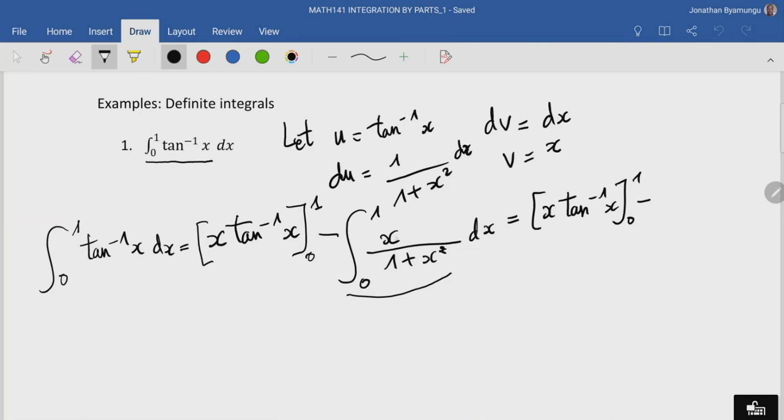As you can see, the numerator is 1 degree lower than the denominator. So there's a way in which the numerator is a form of the derivative of the denominator. And in that case, this integral should be equal to ln of the denominator, right, but now divided by the 2 because we have an x squared there, right?